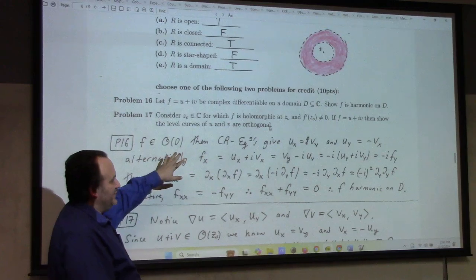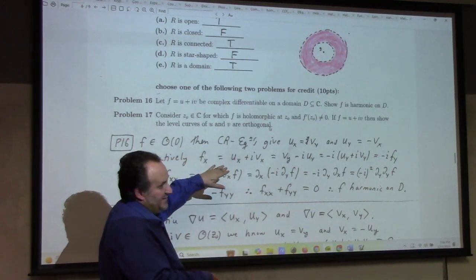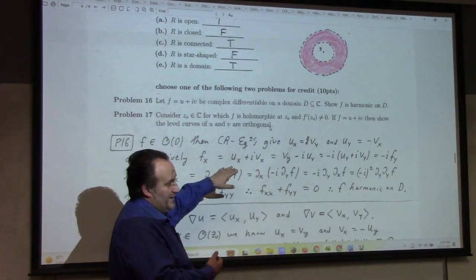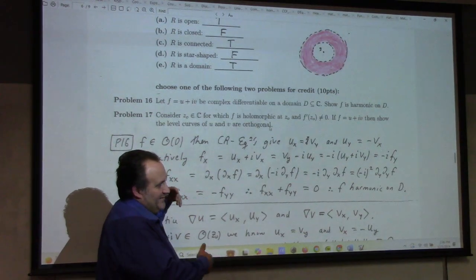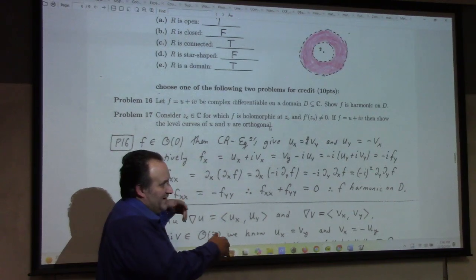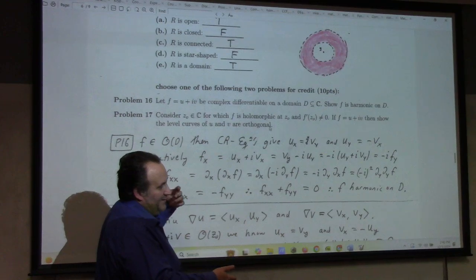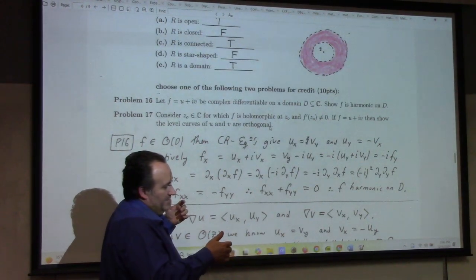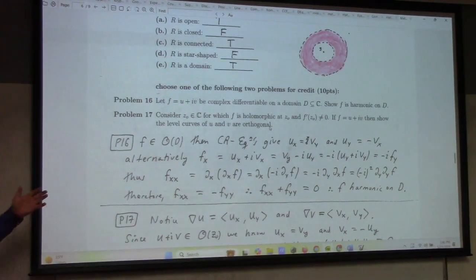If I'd gone the path of real notation, I would have been obligated to show that uxx plus uyy equals 0, that vxx plus vyy equals 0, and then comment that therefore f equals u plus iv likewise has fxx equal to uxx plus ivxx, and fyy equal to uyy plus ivyy, and therefore fxx plus fyy is equal to 0. And that just seems like a lot of talking. So instead, I just did it for complex.